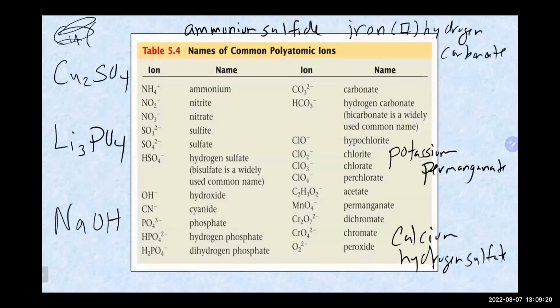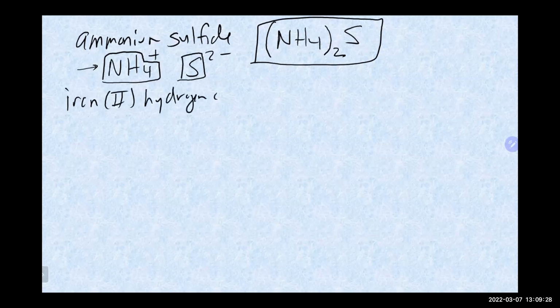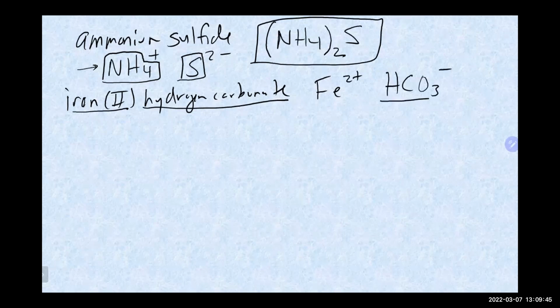Then we had iron 2 hydrogen carbonate. So just like we did before, the iron 2 means we have an iron with a +2 charge. Hydrogen carbonate, which is also called bicarbonate, is a hydrogen and a carbon, 3 oxygens with an overall charge of -1.